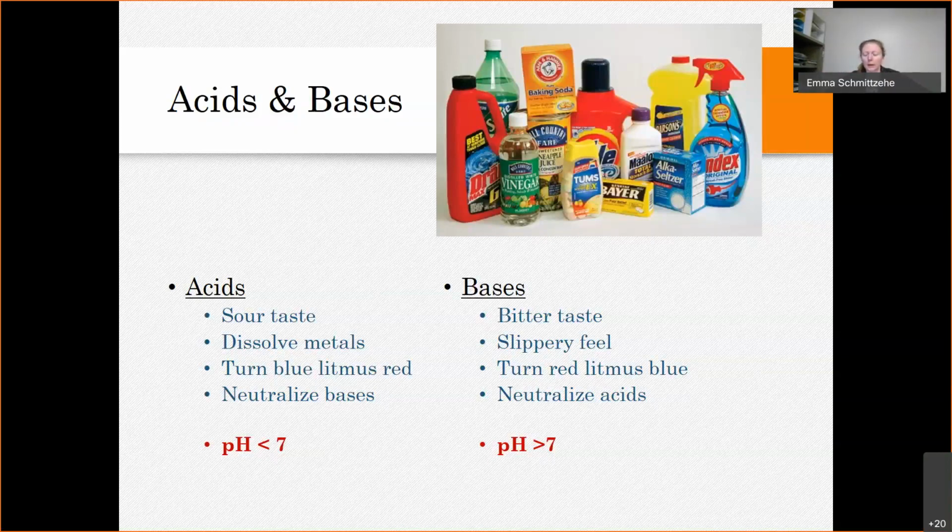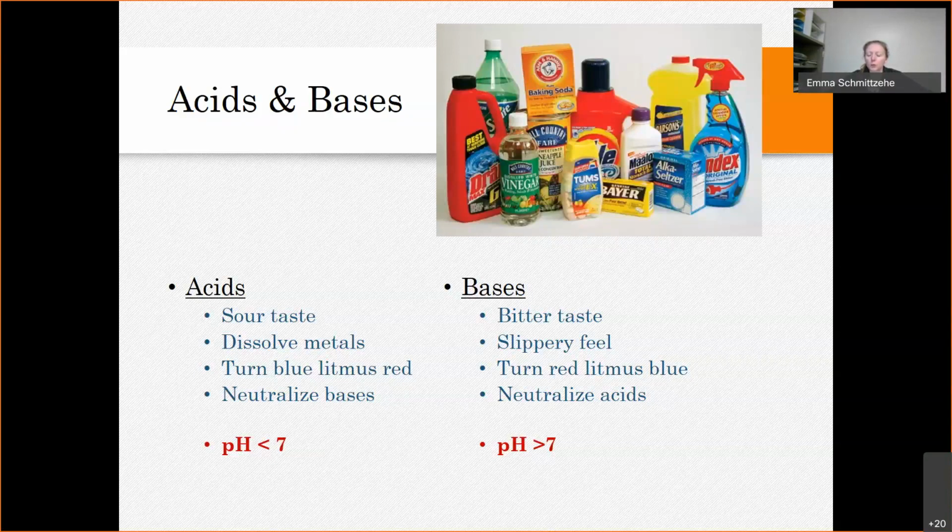Also, a pH of 7 would be considered neutral. Okay, so we'll talk about the actual numeric values a little bit later. But first, we want to go through looking at these actual substances and being able to look at a substance and have a general idea of whether it is an acid or base, what's going to happen when it is put in solution, and how we can categorize them.